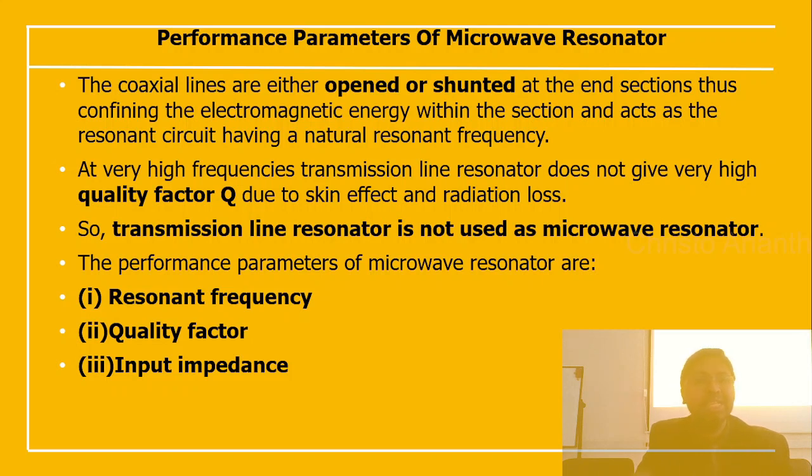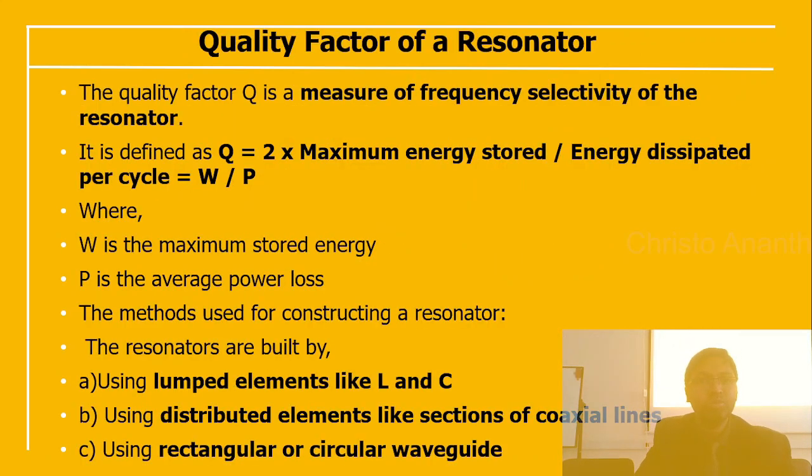So we'll understand the performance parameters of the microwave resonator. One, resonant frequency, that is f suffix r. Then quality factor Q, and input impedance Z in. Quality factor is nothing but the measure of the frequency selectivity of the resonator.